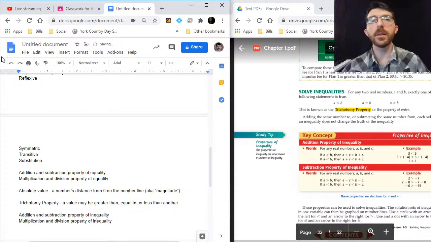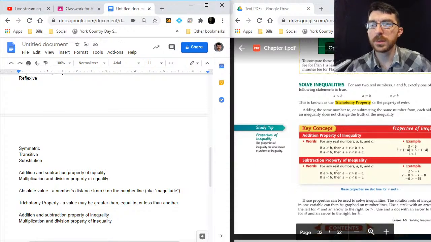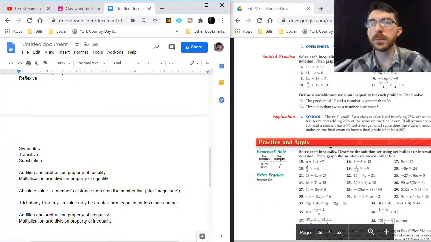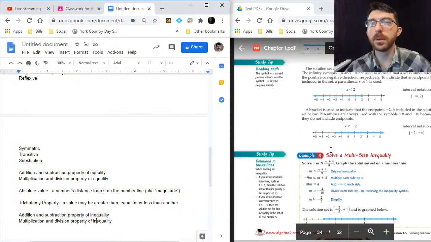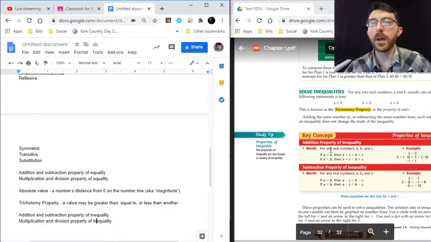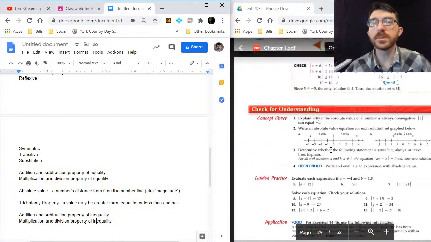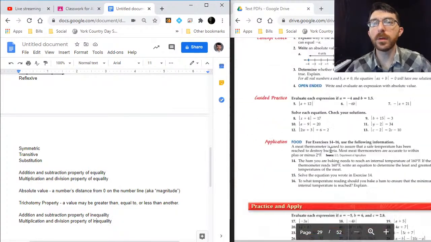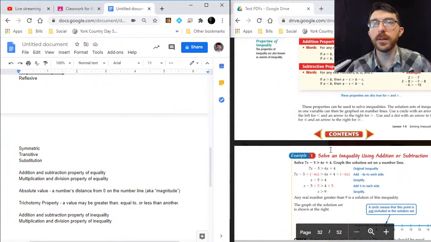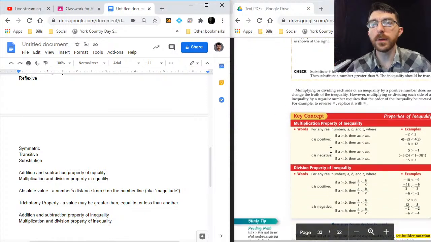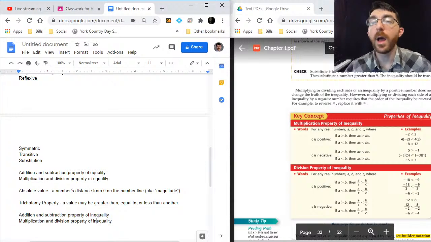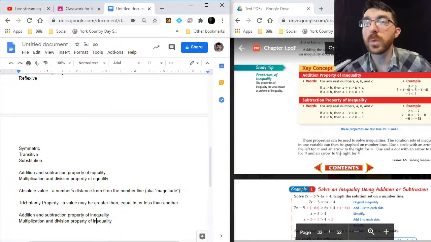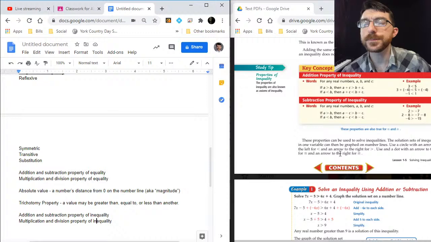All right, so it looks like there's a bunch of properties, a bunch of terms. Let's see. Oh, where'd I go? Oh. That happens sometimes. My mouse wheel just randomly goes down. Oh, never mind. It didn't. Okay, so multiplication property of inequality, division property of inequality. Ah, got it. And here's where it flips.